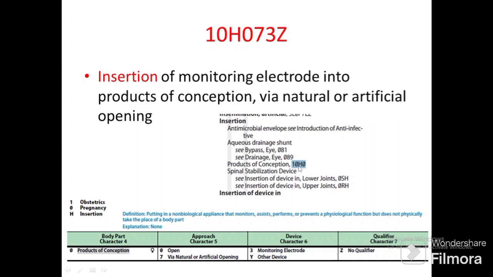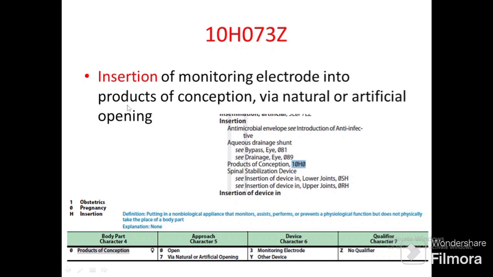So 10H. We go to table 10H, followed by products of conception, and the approach is via natural or artificial opening, because the procedure is done via a natural or artificial opening. The monitoring electrode is coded as the device, and there is no qualifier.